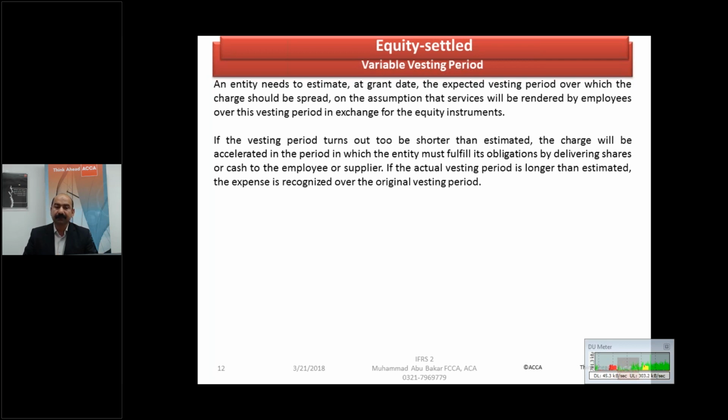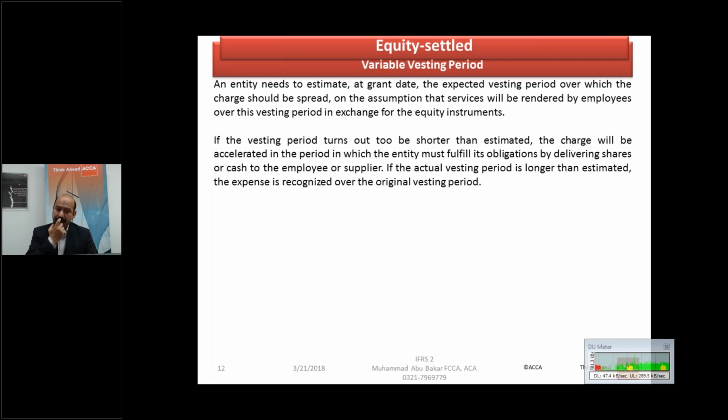If the vesting period turns out to be shorter than the estimated, for example, you estimated your vesting period will be like 4 years, but in fact it turned out to be 3 years. What is vesting period? In fact, this is the period over which vesting conditions will meet. So you were expecting that those conditions will meet over a period of 4 years, but in fact those conditions meet at the end of third year.